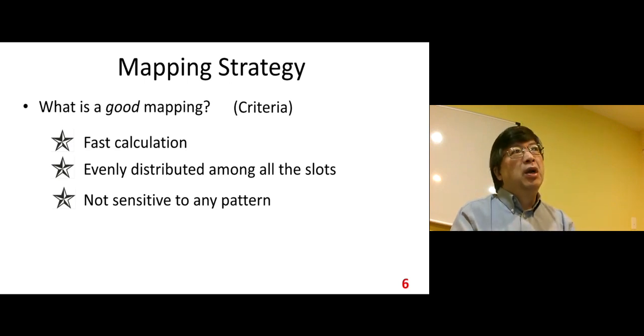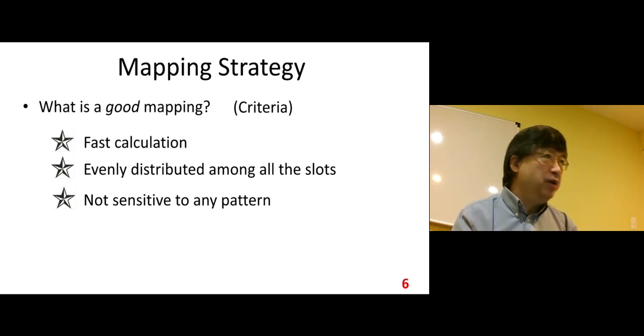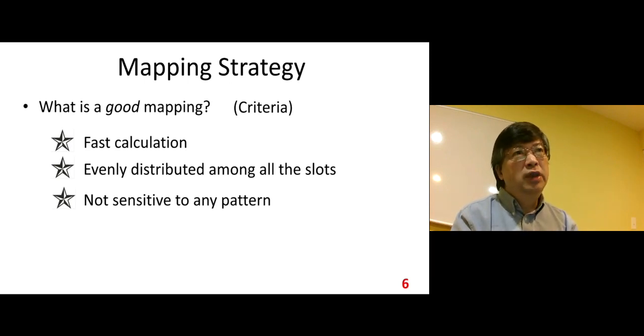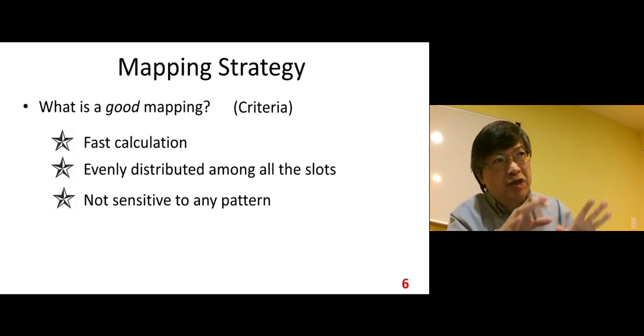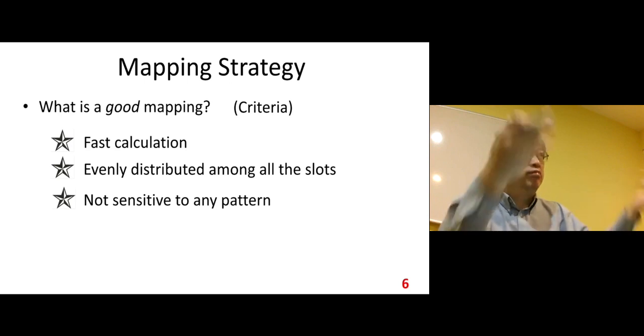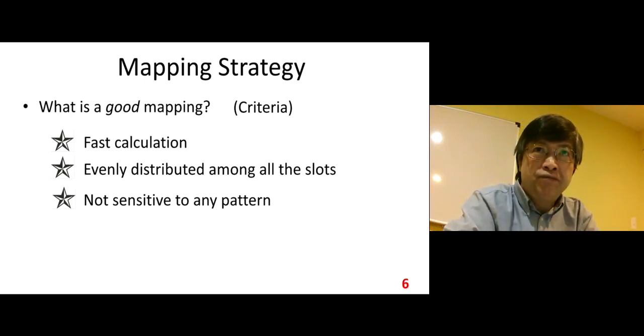But your mapping strategy should be very stable, very solid, very reliable. It still works quite well, even for data with some special pattern; you can still handle that efficiently.